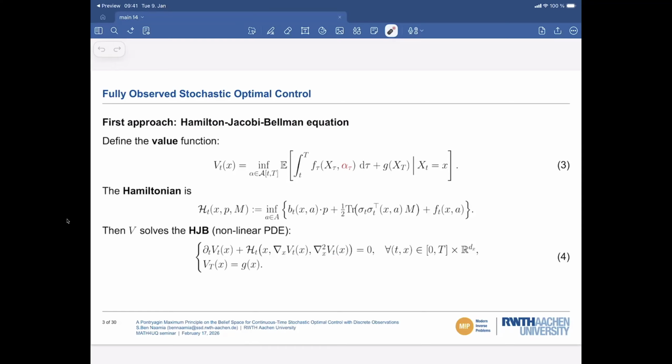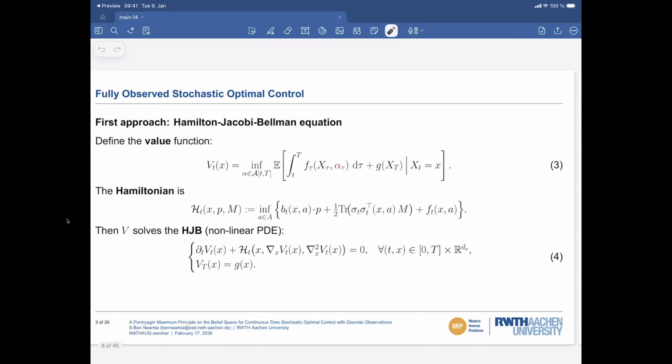Then you can plug it in, you get the solution, and you have your alpha. This is the usual stochastic optimal control setup. As you can see here, the Hamiltonian always depends on the derivative of the value function with respect to x and the second derivative with respect to x.